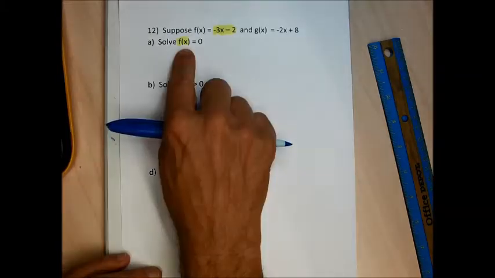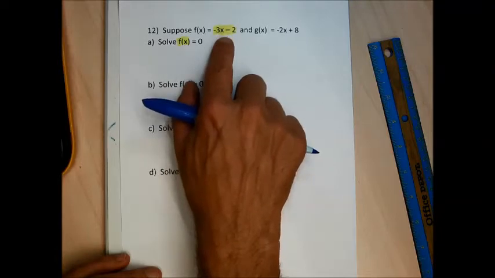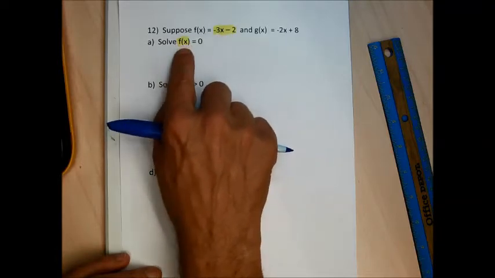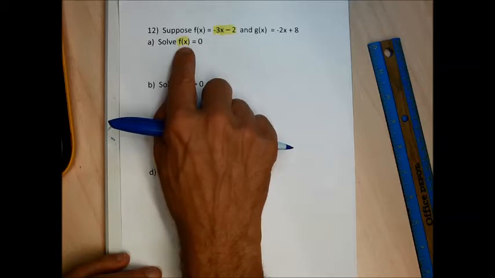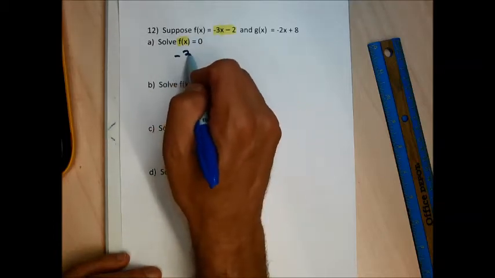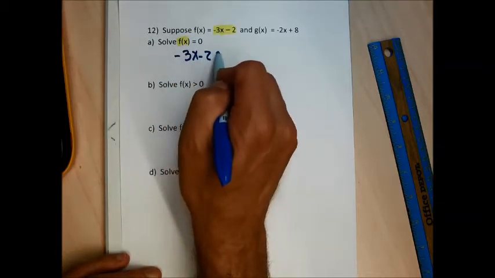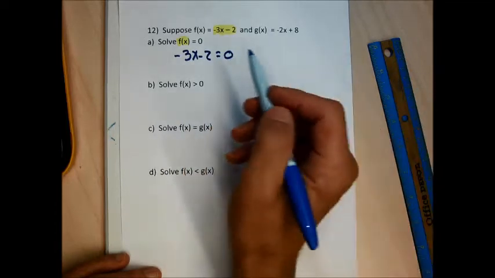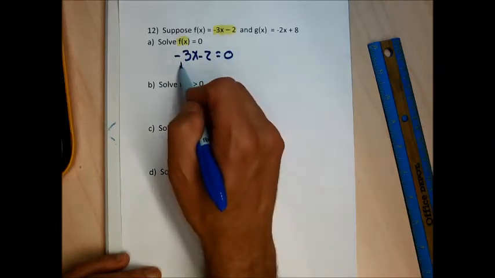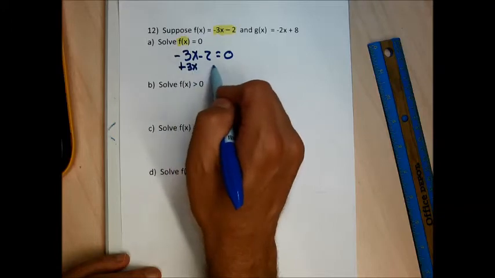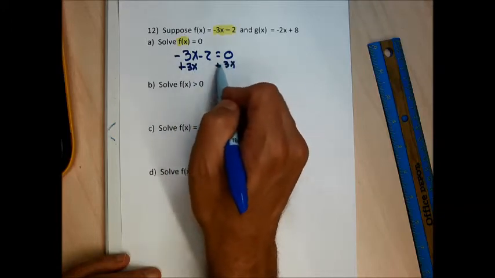So for f of x equal to 0, I'm going to replace the f of x with negative 3x minus 2. So for 12a, I'm going to replace the f of x with minus 3x minus 2 and solve for x. To solve for x, I'm going to add 3x to both sides. I don't like all these negatives. I don't like a negative being in front of my x.